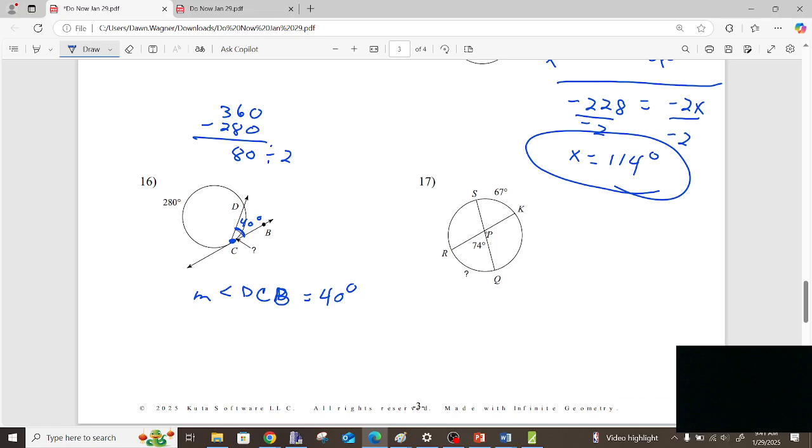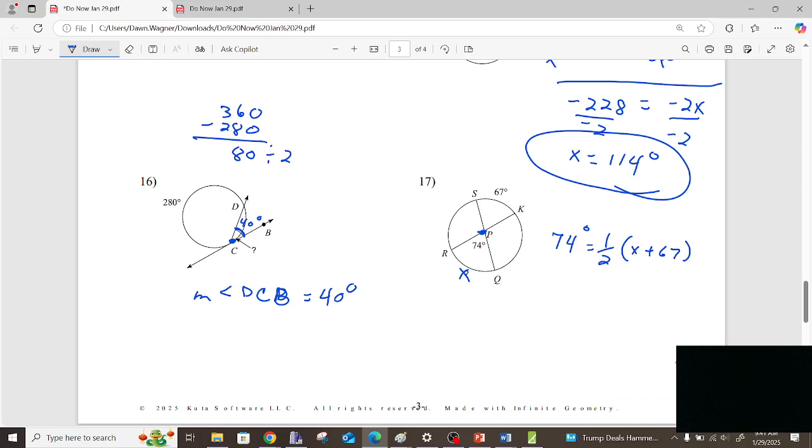Okay. So now I'm on the inside. What's the difference in the formula when I'm on the inside? You add the arcs. So I have 74 degrees as my answer. I still have that 1/2. And I'm going to call this an x, so I'm going to add x plus 67.